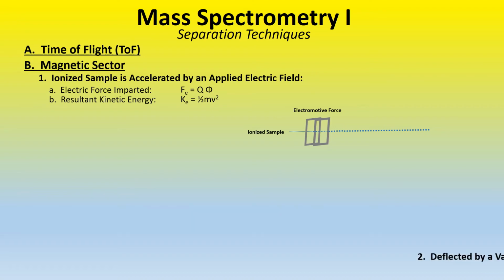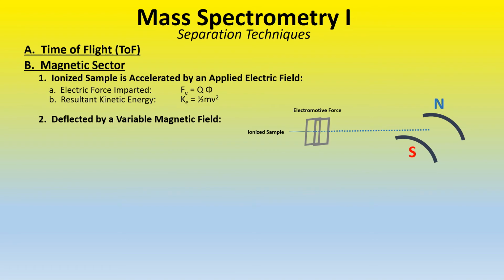A variable magnetic field is then introduced to deflect these charged particles. A magnetic force from Lorentz's law is imparted on the particles as well, where F magnetic is, again, the charge of the particle times its velocity times the strength of the magnetic field.